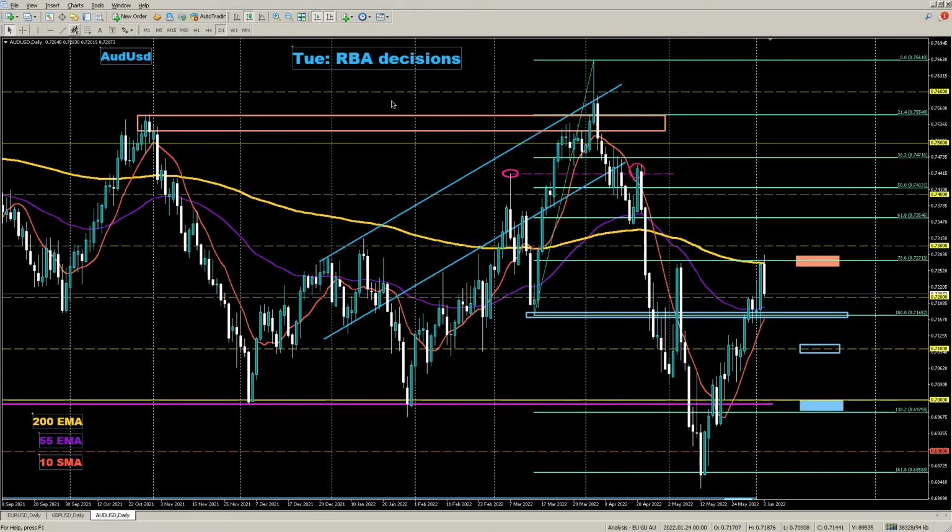Let's see if they'll be able to do that compared to the previous month's increase of just 25 basis points. All right, so let's see whether the Aussie dollar is able to break through higher. It's at the key resistance now, or it did test the resistance level. Now it has to recover back higher.